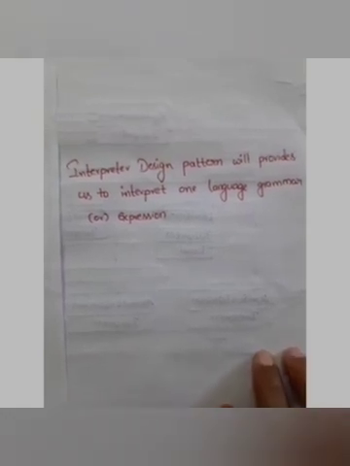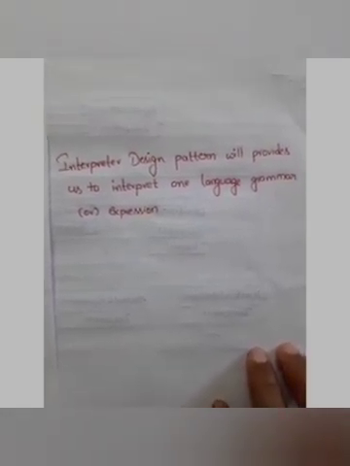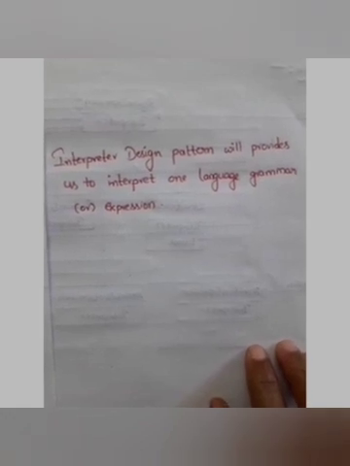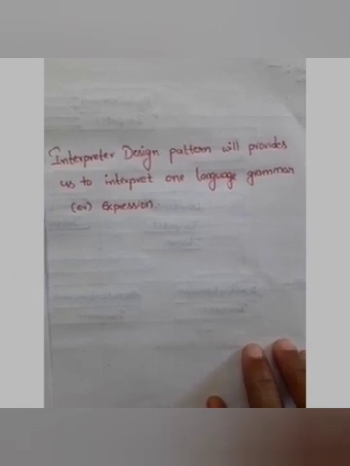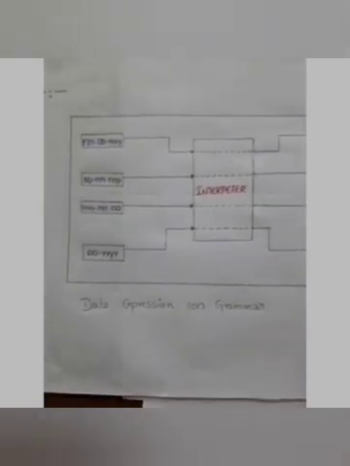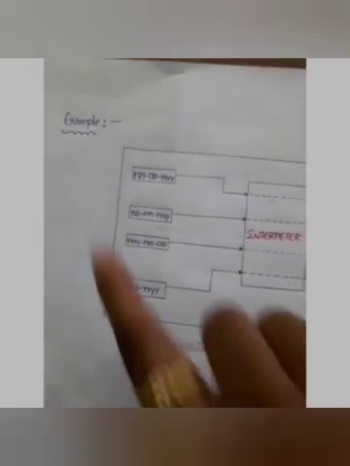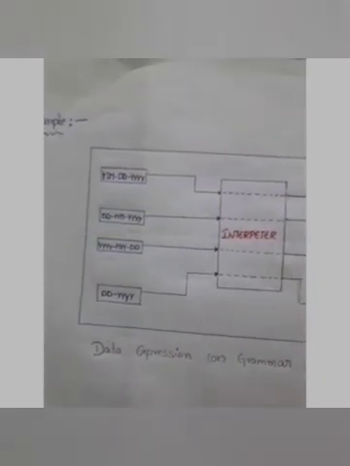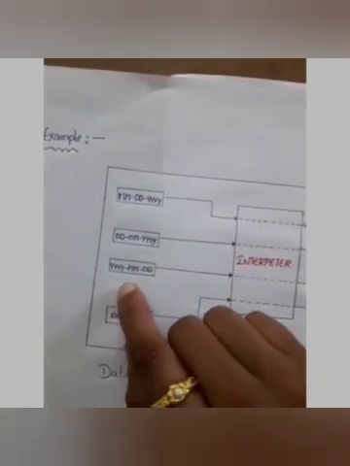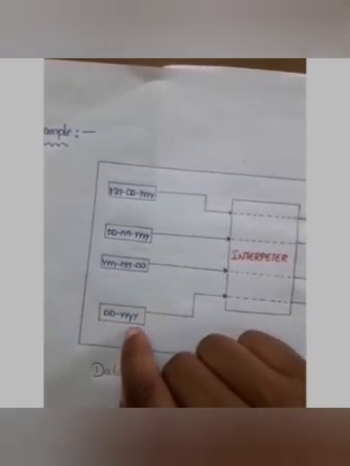Let's see once more the definition of the interpreter pattern. This interpreter pattern provides us a way to interpret one language grammar or expression. See the example we have seen previously. In this case, the language grammar or expression is month, date, year, or date, month, year, month, date, or date, year.